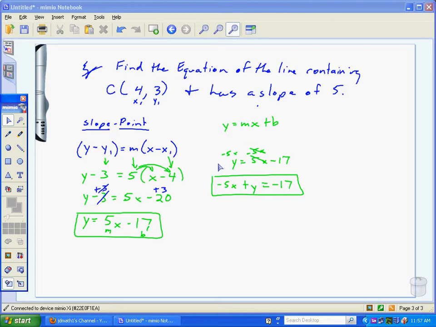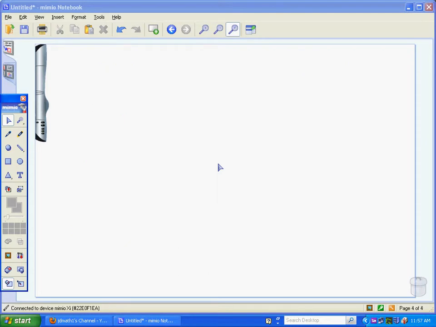I'm going to do another example where it's not so easy, because who wants to do everything that's easy? So we'll do the same type of question. Find the equation of a line, and we'll put some fractions into this one, just because fractions are fun.